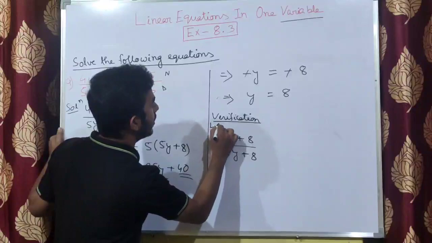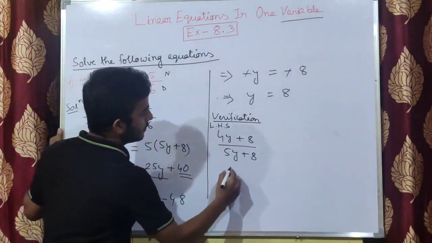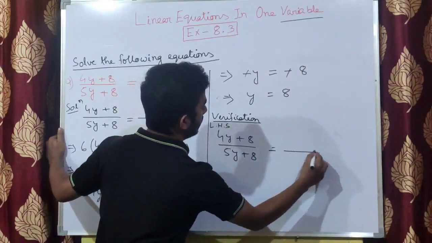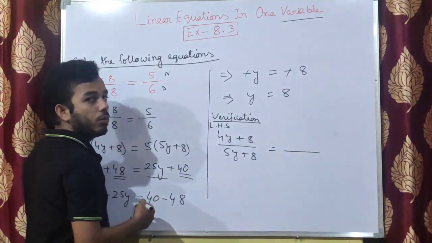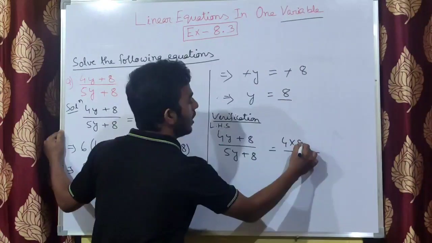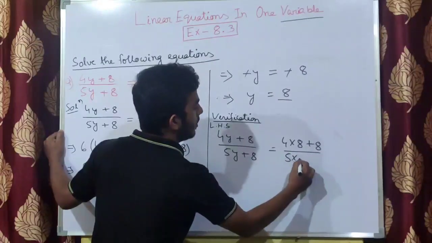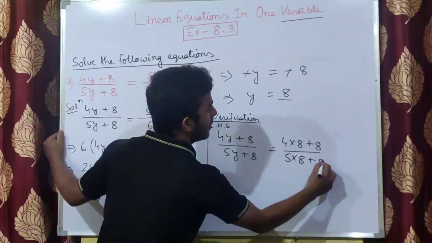So we will write LHS, left hand side, equals, in place of y we will write this 8. So 4 into 8 plus 8, then 5 into 8 plus 8.